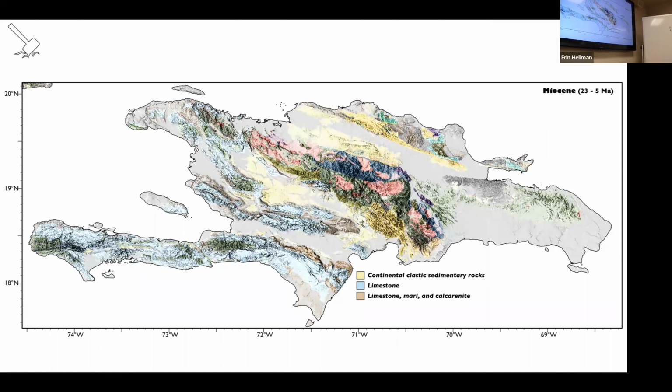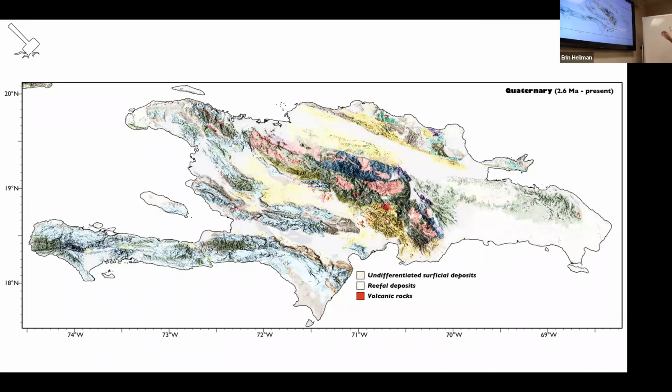So as everything is starting to be uplifted, you have this clastic sedimentation sort of prograding out of here, synchronous with that uplift. And then finally, in the Pliocene, and then we can just even step into Quaternary, you have these superficial deposits, some of these reefal deposits, and then you even have, as I mentioned, those volcanic rocks that showed up in the earlier plot.